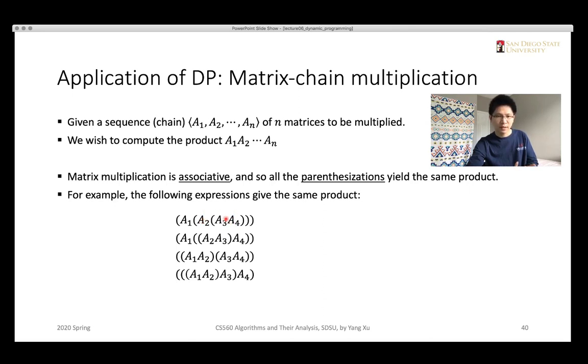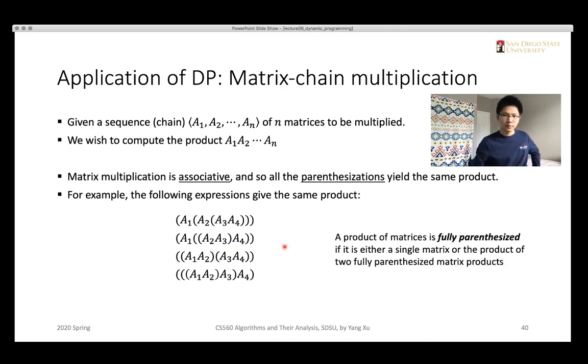Finally we compute A1 times the result of A2 times A3 A4. So you see the parentheses define the order of the multiplication computation. In the second row, it's a different order. We compute A2 times A3 first, then multiply that result with A4, and then with A1. Or like row 3 did, we do A1 A2, and then A3 A4, and then multiply their results together.